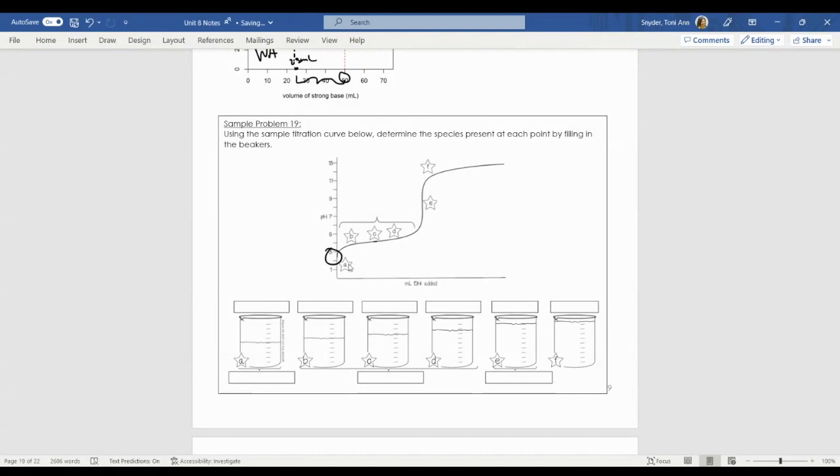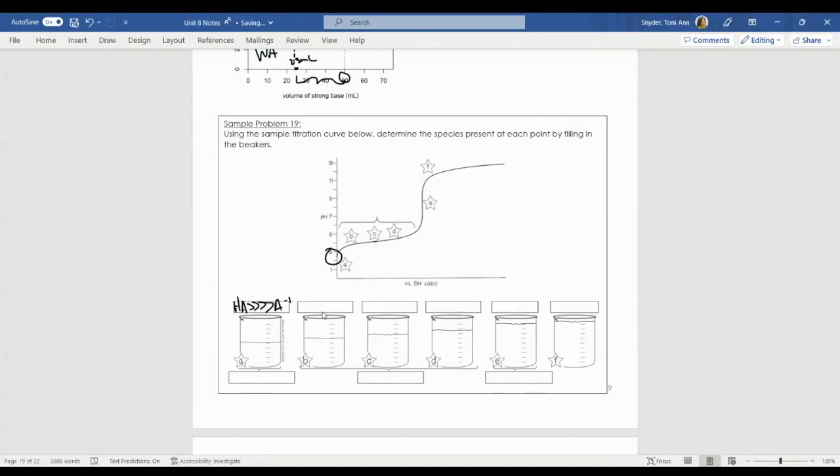So for A, when we're at 0 milliliters, right in the beginning, we're only going to have weak acid present. So I'm going to say we have some weak acid, but we have very, very little of that conjugate base, right?